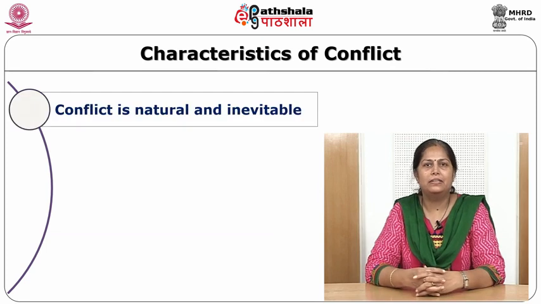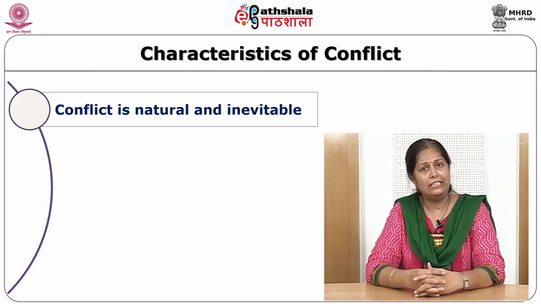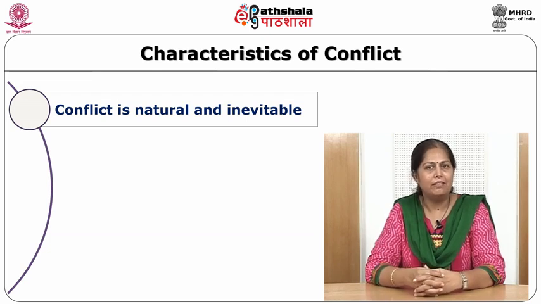Now let us try to understand the characteristics of conflict. First and foremost thing we can say about conflict is that it is natural and inevitable. When I say it is natural and inevitable, it means conflict is bound to be there in a society. When two people are staying together, there are chances that they are bound to have some kind of differences of opinion and values.